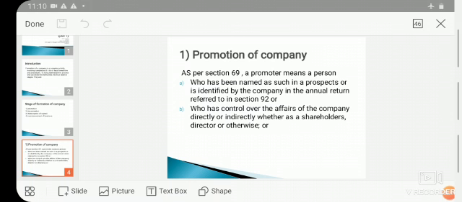any person or a group of persons or even a company may have discovered, meaning identified, an opportunity to start a business.